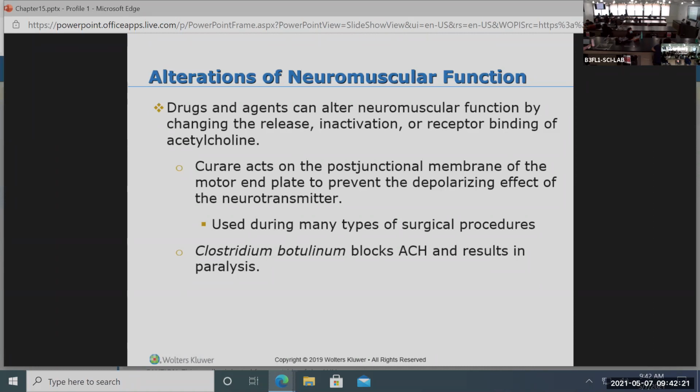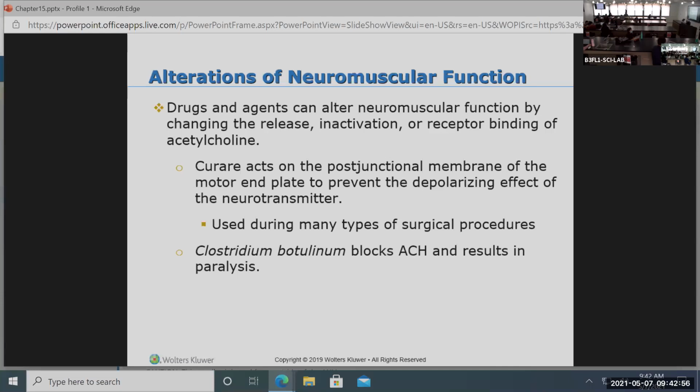Or number three, by binding with those receptors which are meant for the neurotransmitter. My drugs go bind with the receptors and throw the neurotransmitter out from that position. So either they prevent the release, we use those drugs, and sometimes when the neurotransmitter is released, we use a drug to inactivate those neurotransmitters before they bind.